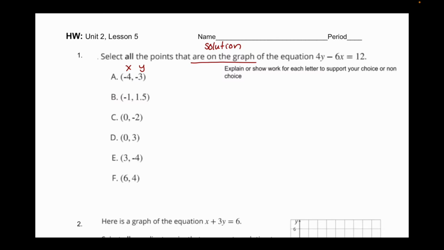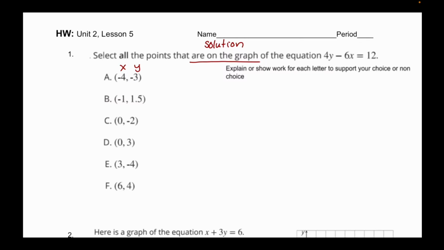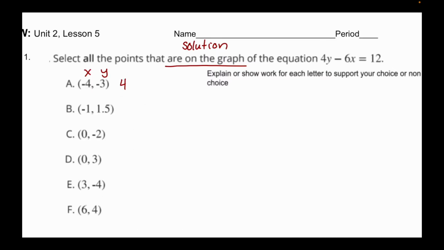So since it is 4y minus 6x, we would do 4 times negative 3 minus 6 times negative 4. And we want this to be equal to 12. So we're going to simplify it and see if it works.